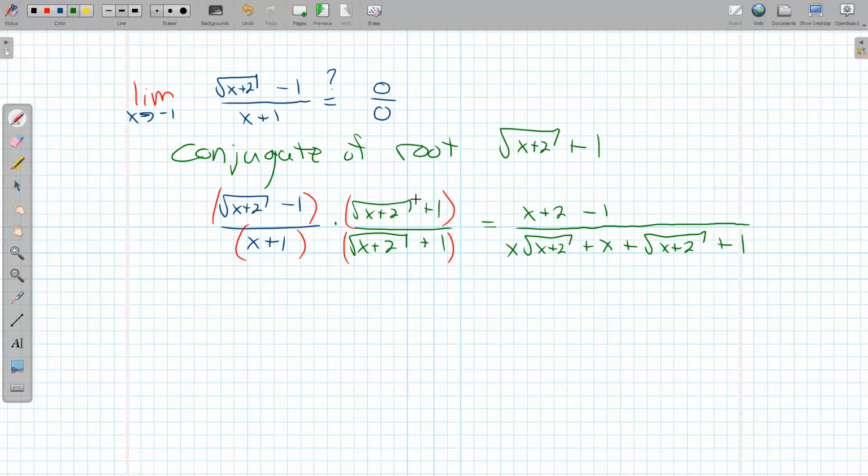In the top, we have the difference of two squares. The square root times itself is x plus 2. Negative 1 times positive 1 is negative 1. So my numerator is now x plus 1. Correct. And my denominator, does that clean up at all? Not really. No, I don't see anything that cleans up. You guys?